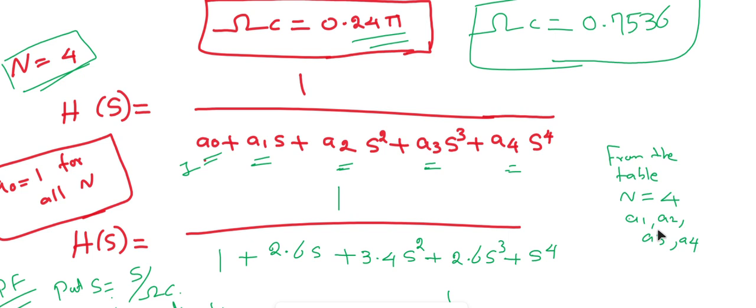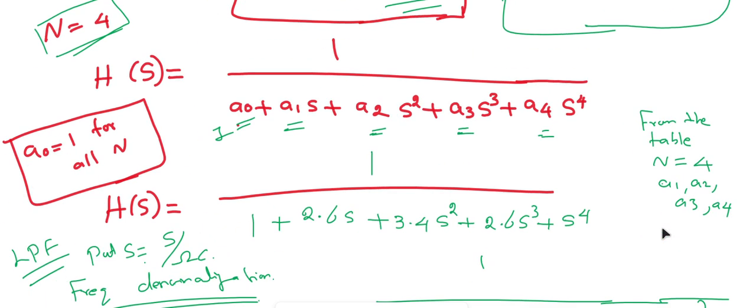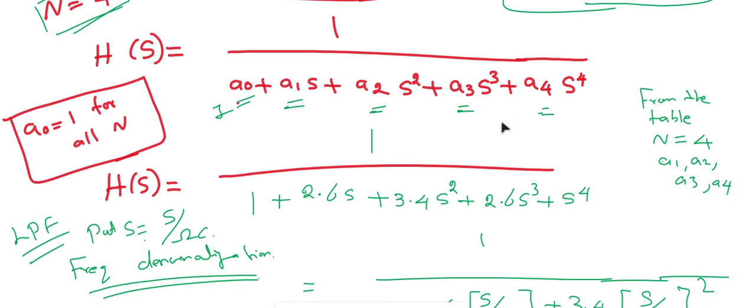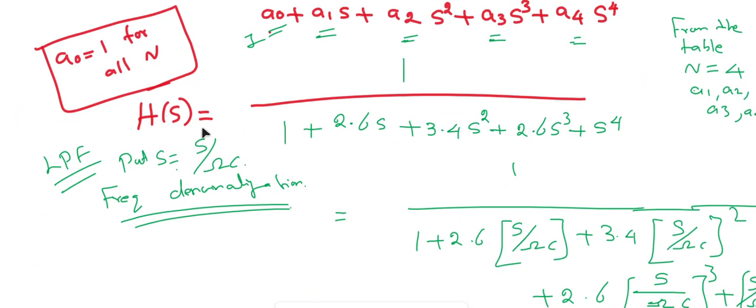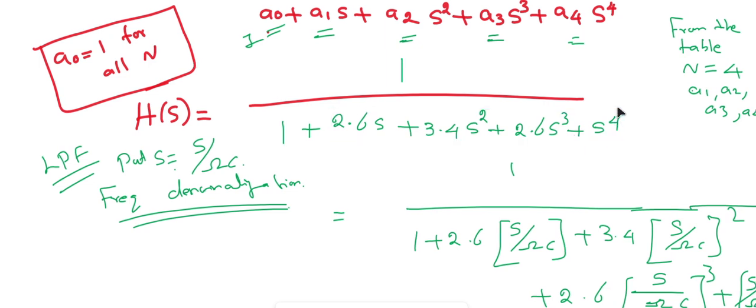The other coefficients a1, a2, a3, a4 can be determined from the table. So a1 is 2.6, a2 is 3.4, a3 is 2.6, and a4 is 1. So you can write the equation H(s) equals 1 by 1 plus 2.6 s plus 3.4 s squared plus 2.6 s cubed plus s power 4.